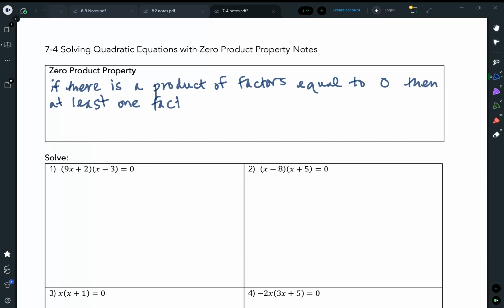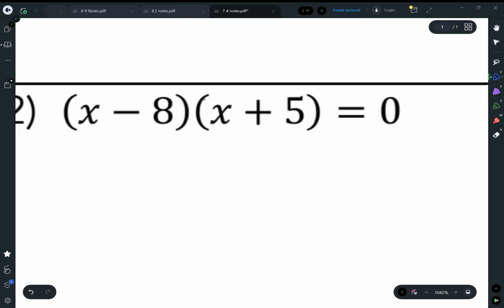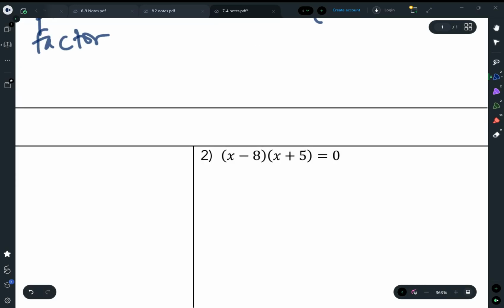So if you're multiplying two factors together, that's what product means, and together they make 0 when you're multiplying them, then at least one of the factors must equal 0.